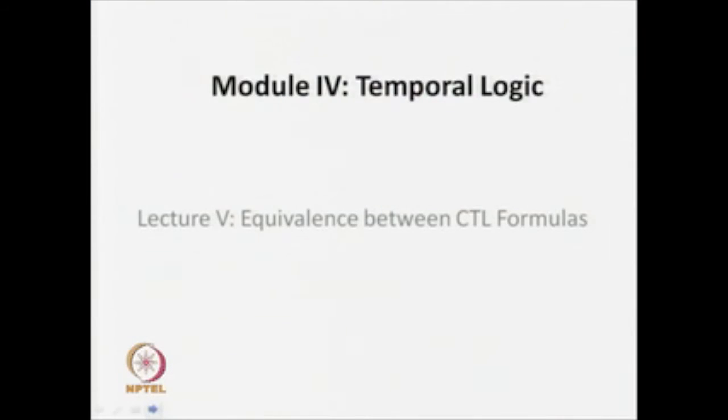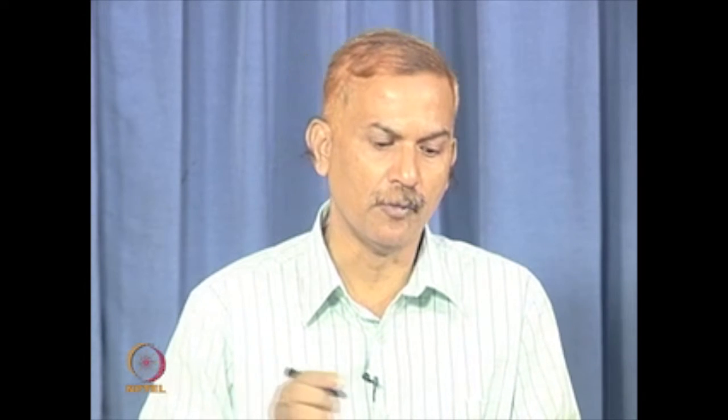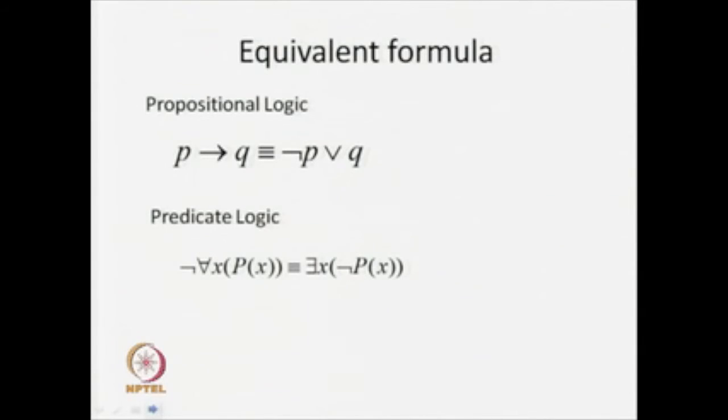Now, today we are going to see some equivalence between CTL formulas, because in logic we have equivalent formulas, in CTL also we have some equivalent formulas. Just as a recap, in propositional logic we have equivalent formulas, and we said that P implies Q is equivalent to not P or Q. So, what does it mean?